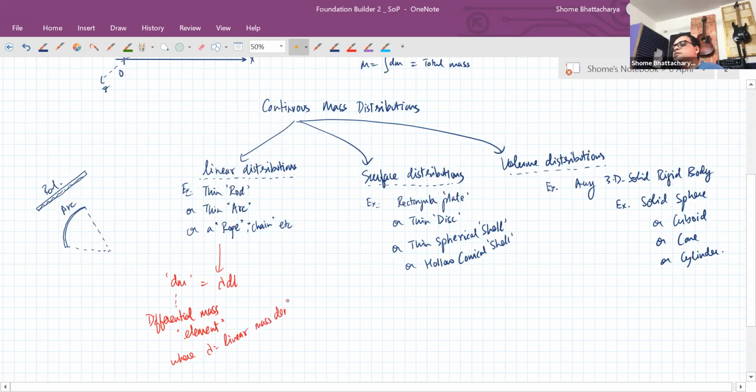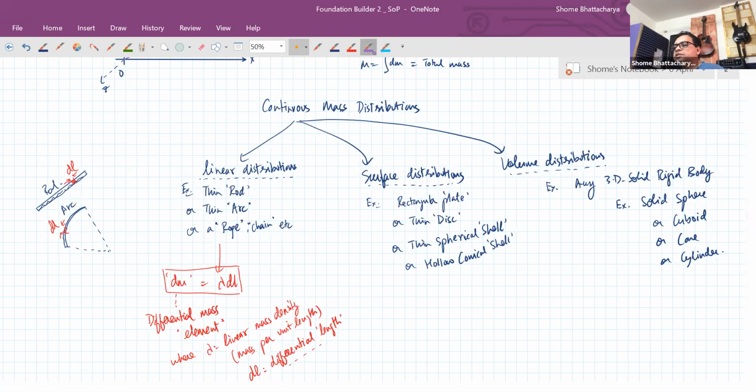It's a term which is mass per unit length, and dl is a differential length, that means a very small length. So for example, the rod, we will cut it into differential lengths like this. The arc, we will cut it into differential sections of length dl each. So that section is of mass dm, where dm is equal to lambda times dl, where lambda has the meaning of linear mass density or mass per unit length, and dl is a very small length.